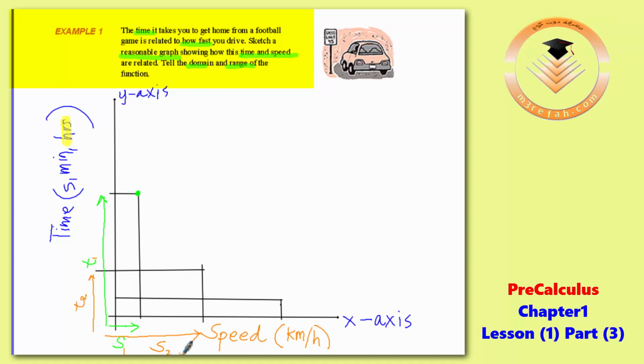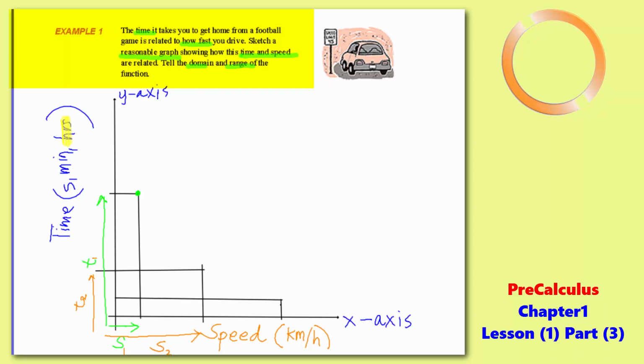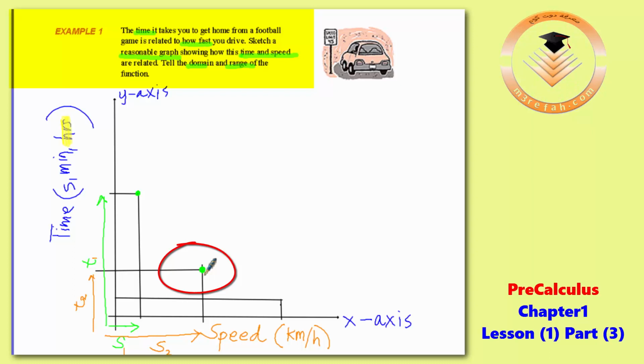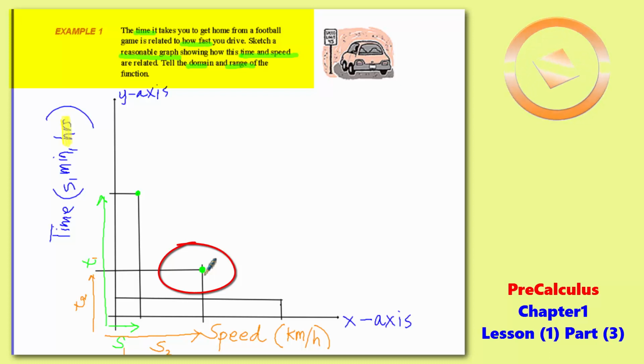Now we have defined a point somewhere here. Okay, that's when you are not driving too slow or too fast, so you would go home at a certain time T2, which is just okay. Maybe you won't be late or you won't be too early.